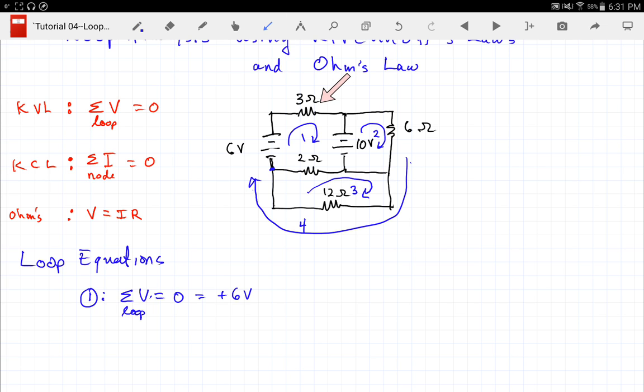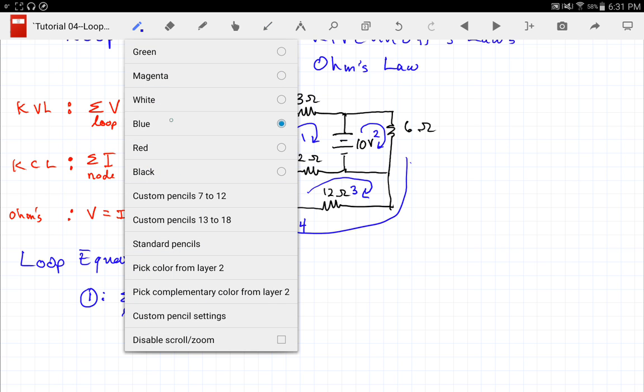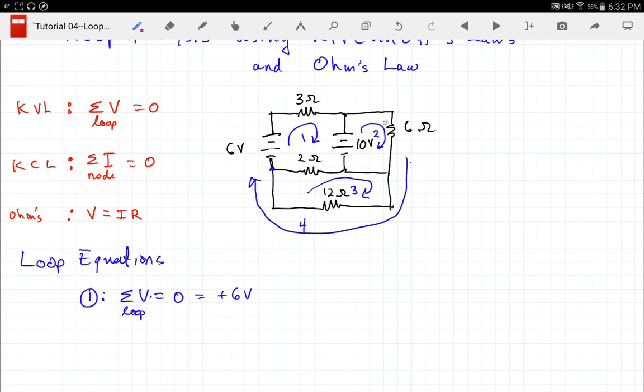Next, I come to my 3 ohm resistor. I don't know what the voltage is there, right? But I have not defined, and this is a very important step that I should have done and didn't. When you're making a circuit, you need to define the current through each element. So I'm going to put a current here that I'm going to call I1.